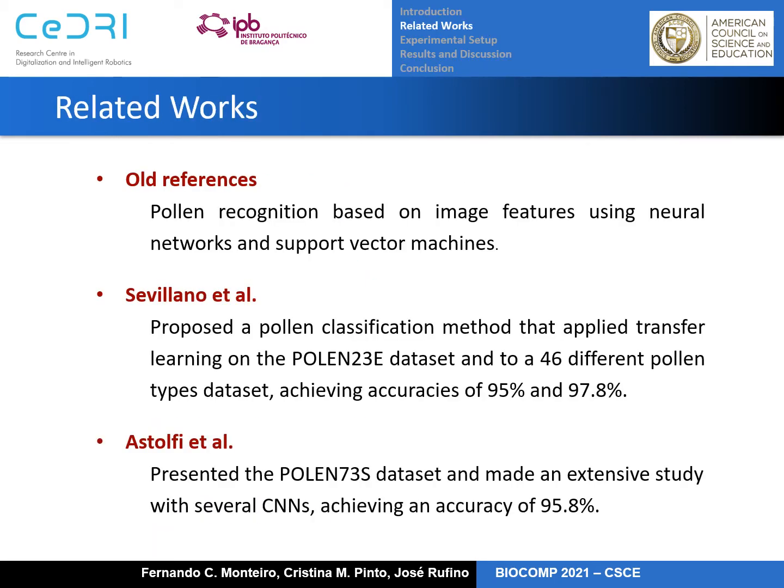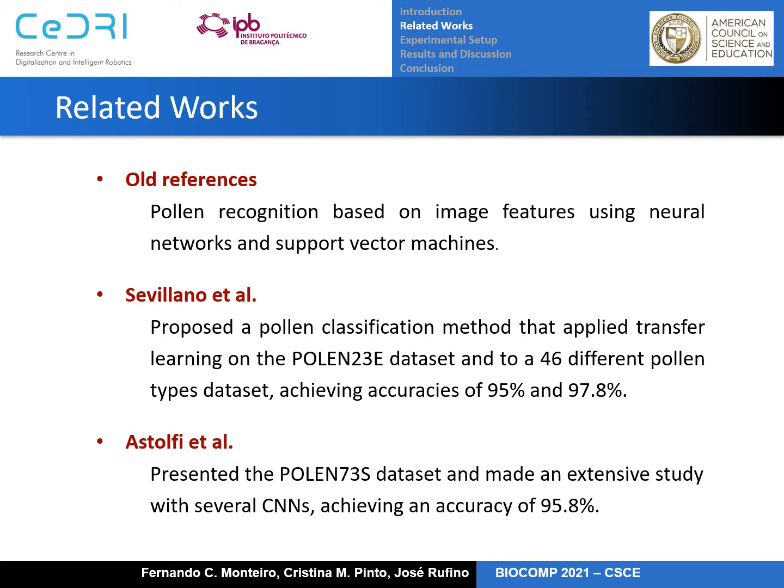We found that previous related works usually used support vector machines or neural networks to solve this problem. In all those works, the common limitation is the small number of pollen types used. More recently, Sevillano et al., in their works of 2018 and 2020, used a large number of pollen types, 23 and 46, achieving accuracies of 95 and almost 98%.